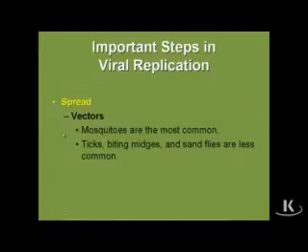Mosquitoes, again, are the most common vector and mechanism of spread, but you can have other vectors. Ticks are also capable of spreading viruses, and a good example is Colorado tick fever virus. You can also have other biting arthropods that spread viral infections, but they're much less common. So predominantly, we're talking about the mosquito.